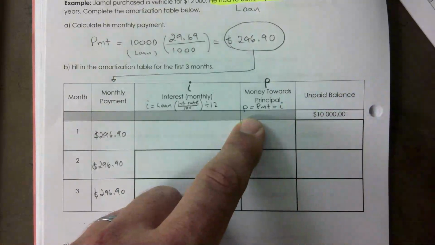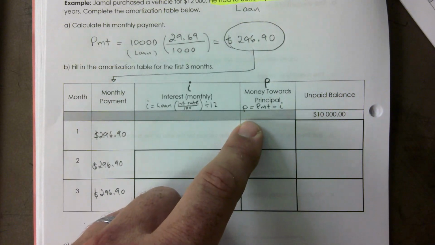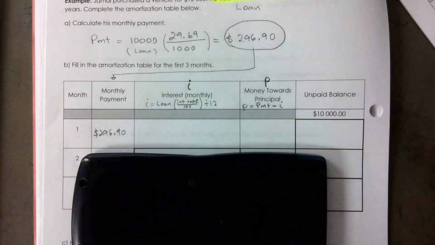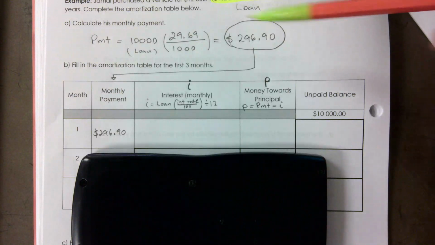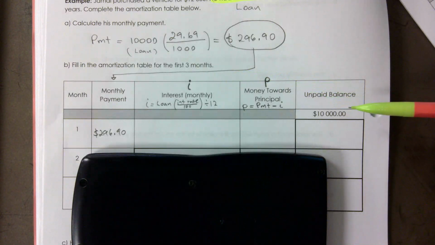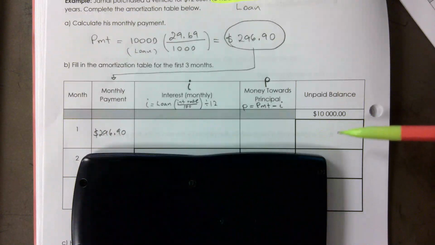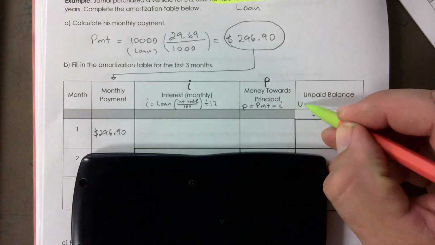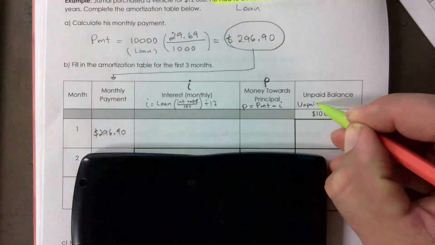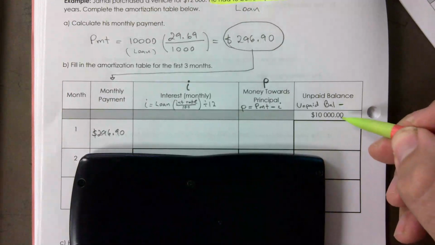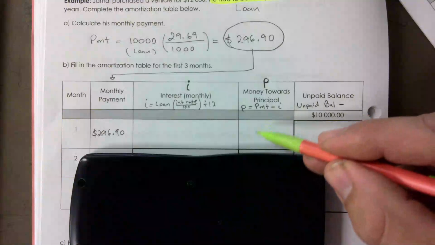If I would add this to my study sheet, I'll tell you already what I would do. I wouldn't have 3 lines. I would just have something like this that tells me this is lowercase i, this is lowercase p, and then to figure out the balance owing here, we just go unpaid balance minus whatever number we got in here.